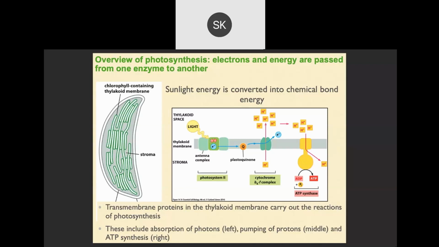Well, the water molecule, the H2O, the two hydrogens with the oxygen, is going to be split, and one of the electrons is going to be taken from that former water molecule, and that electron is what receives the photon of light.